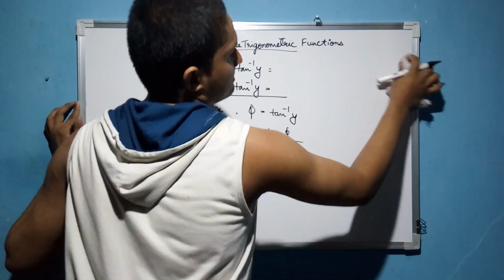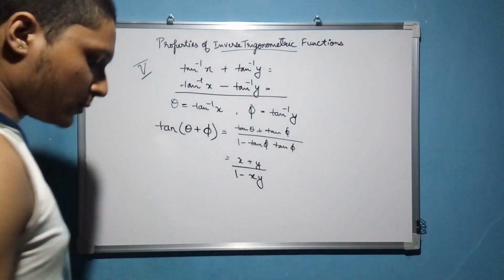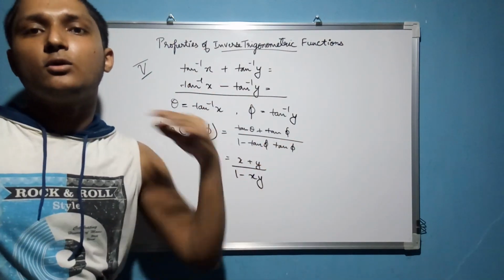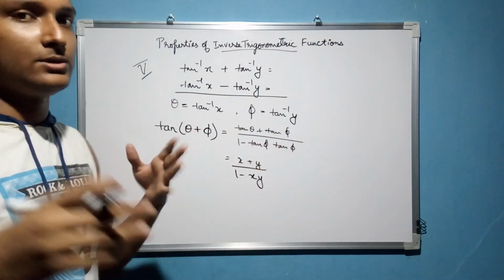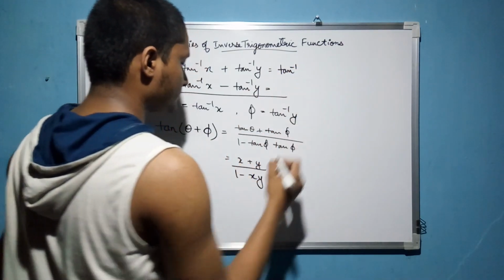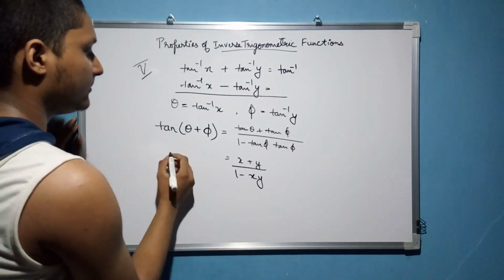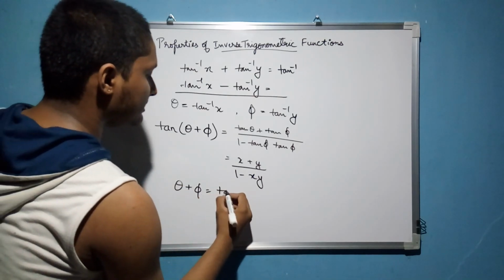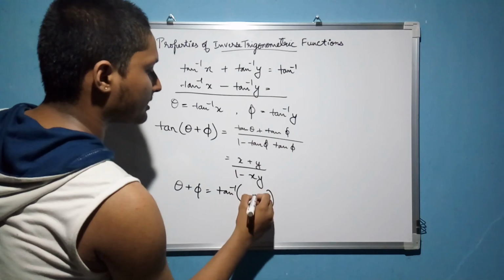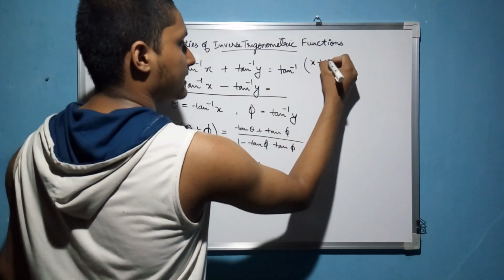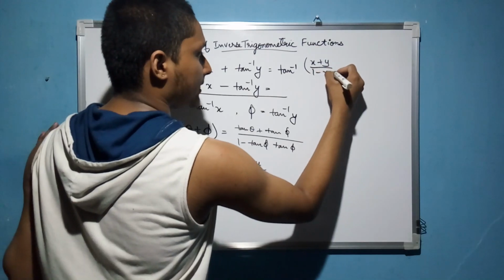What is the condition? That's very important here. Many of the questions are just based on that condition. If that condition is not satisfied, you are going to use a different method that I am going to tell you later. So this is going to be tan inverse, because tan of theta plus phi is this much. Therefore theta plus phi comes to be tan inverse of x plus y divided by 1 minus xy.